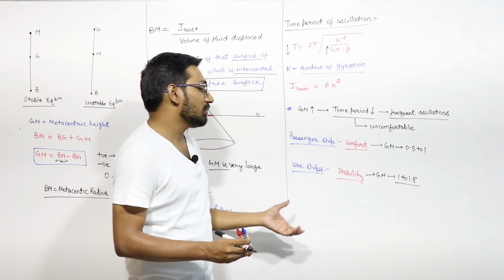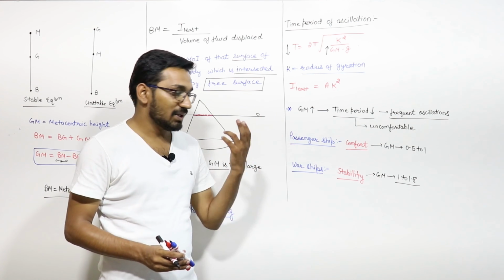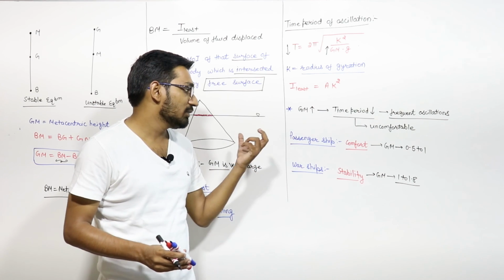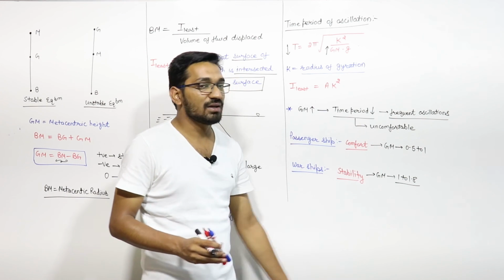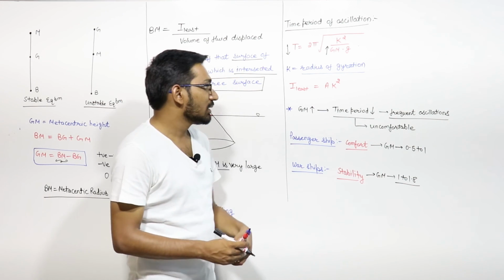If you want more stability, the metacentric height will be more. If you want more comfort, the metacentric height will be less.